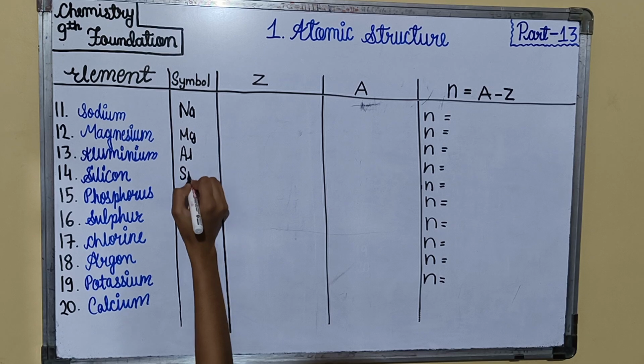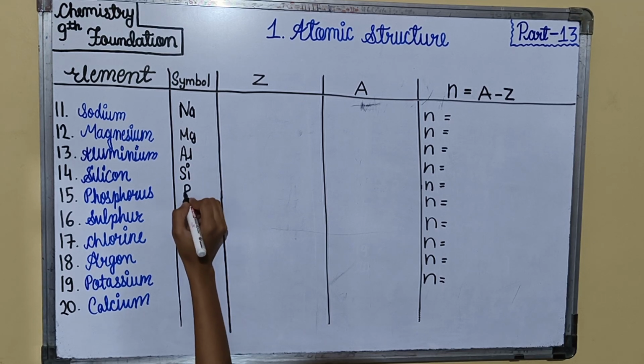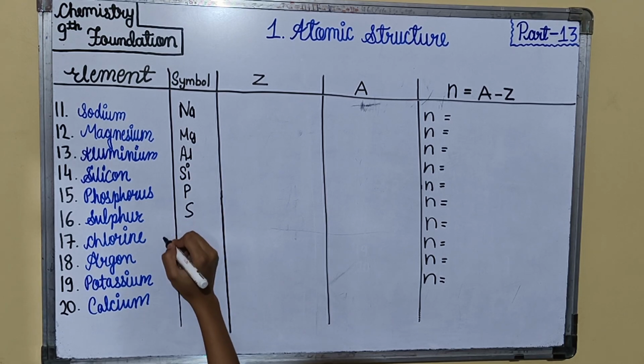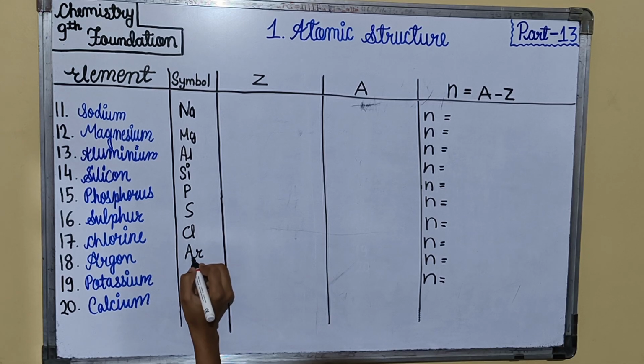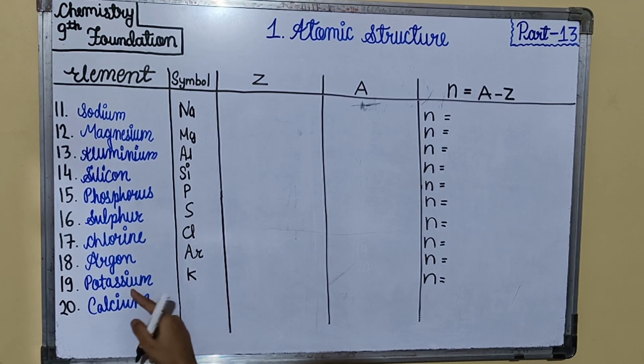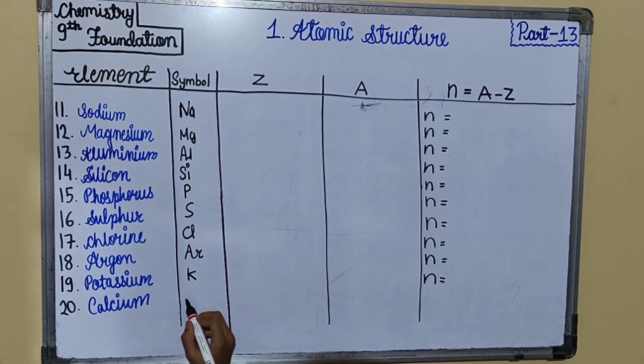Symbol of silicon is Si. Symbol of phosphorus is P. Symbol of sulfur is S. Symbol of chlorine is Cl. Symbol of argon is Ar. Symbol of potassium is K because it's derived from the Latin word kalium. Symbol of calcium is Ca.